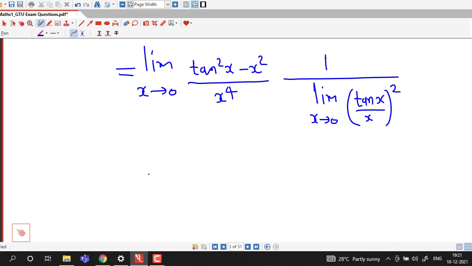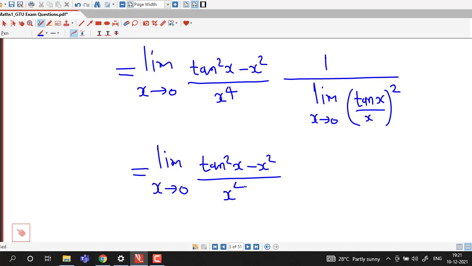Now this limit is 1, so our limit simplifies to the limit as x approaches 0 of tan square x minus x square divided by x raised to 4, and we can check. If we take x equal to 0, we have tan square 0 minus 0 square, that is 0, divided by 0 raised to 4, that is 0.